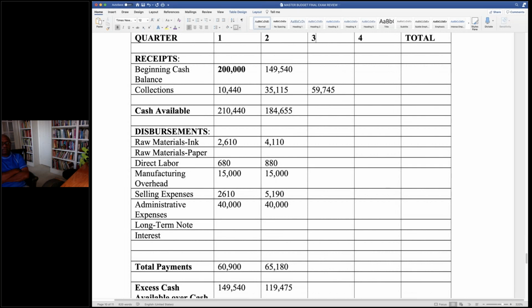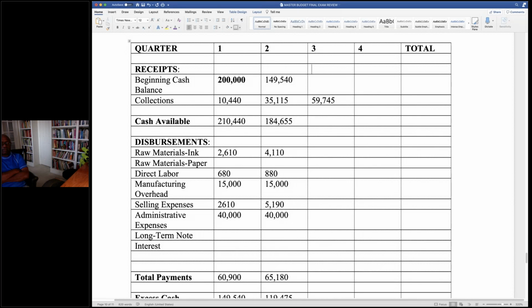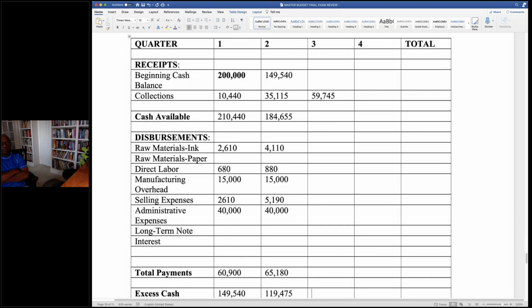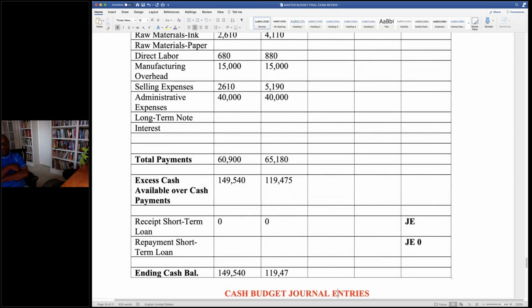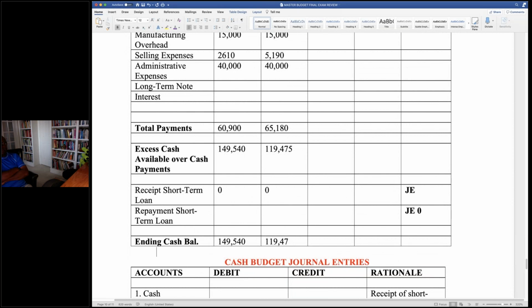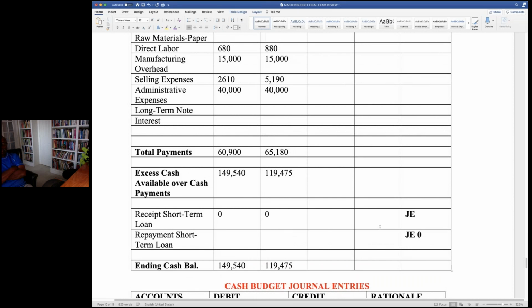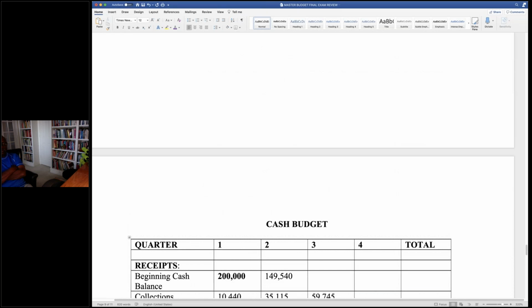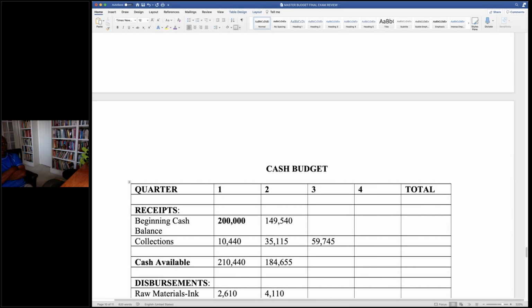I forgot to put the 5 at the bottom. This computer has a mind of its own.